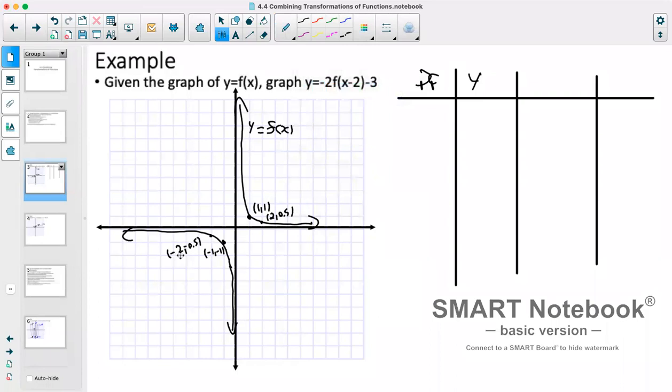So we have this point at negative 2, negative 0.5. We've got negative 1, negative 1. We also have this point at 1 comma 1. 2, 0.5. We have a horizontal asymptote at y equals 0. And we have a vertical asymptote at x equals 0.